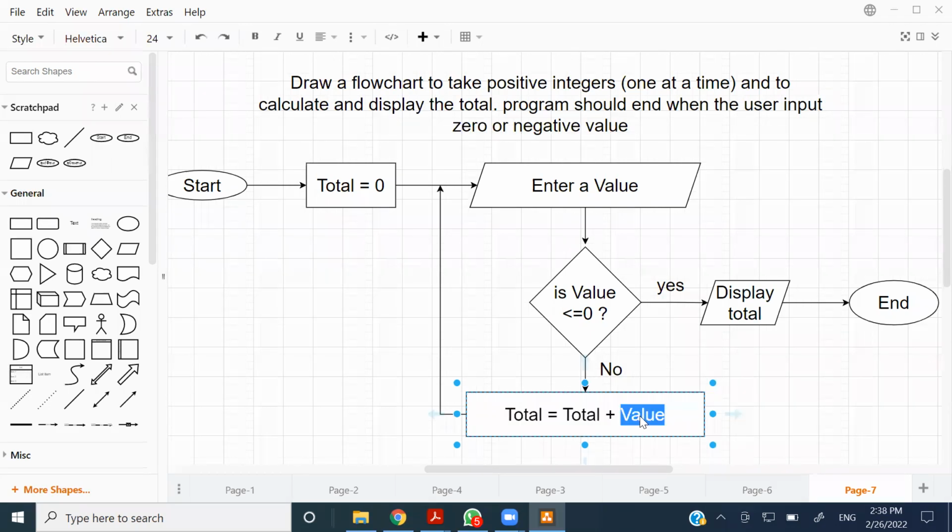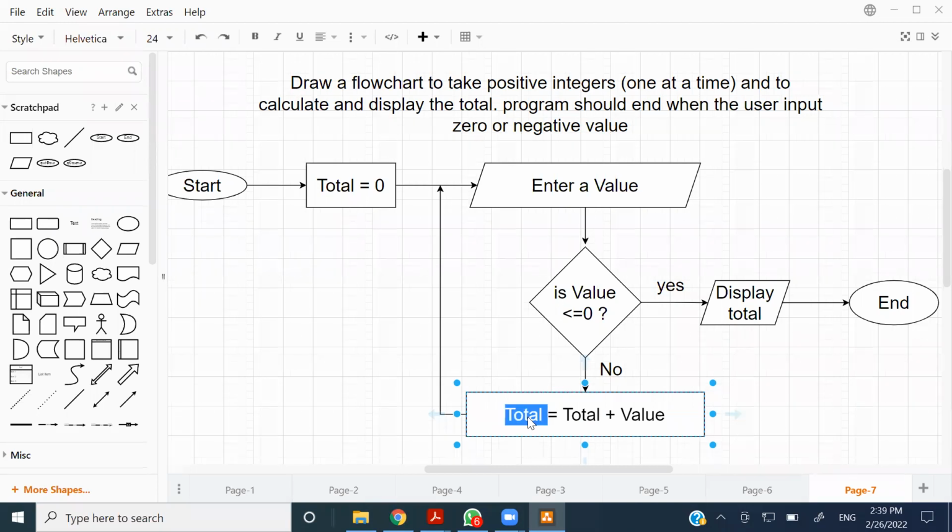Now I'll remind it to you again. We write this kind of equation to indicate, if we discuss the specific equation that we have written here, what we are saying is add the value to the existing total and make it the new total. That is what this is all about, right?